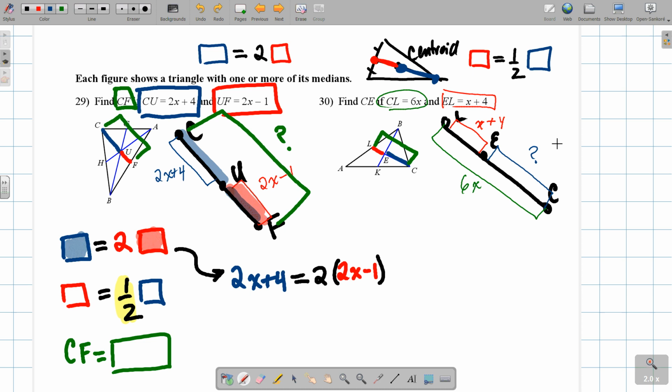So let's do our equations first. Let's do what's really simple here. We know that the blue plus the red equals green.